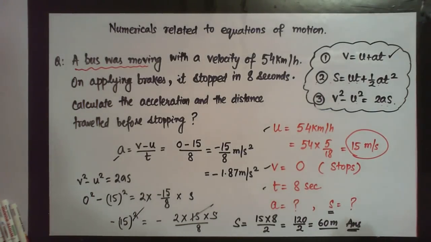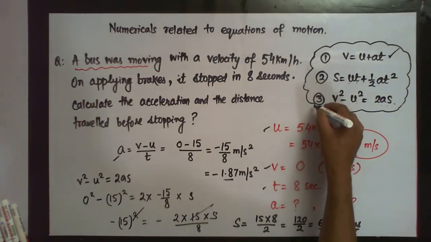So the distance traveled by the bus before it stops is 60 meters, and the acceleration is minus 1.87 meter per second square. If you use minus 1.87, you may get a different answer, but it would be very close to 60 meter.